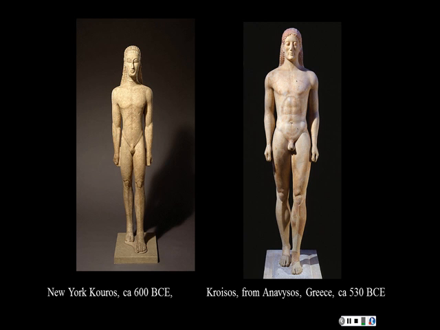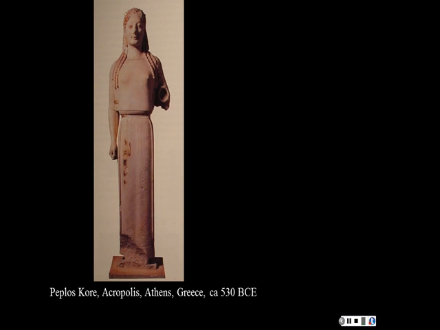We have evidence of these kouros figures. There's also a tradition of female figures as well. And here I am showing you the korai, which is the female component of these figures. This is a contemporary of the Anavyssos kouros.